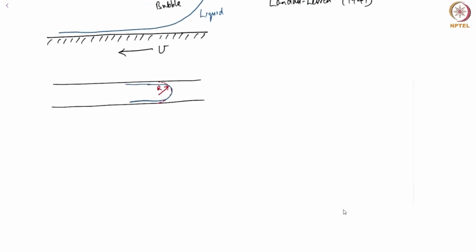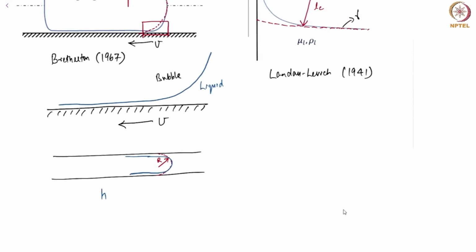Bretherton's analysis is slightly different from the Landau-Levich analysis on these two counts. One, you do not have gravity. And two, the meniscus curvature is the radius of the tube rather than the capillary length.